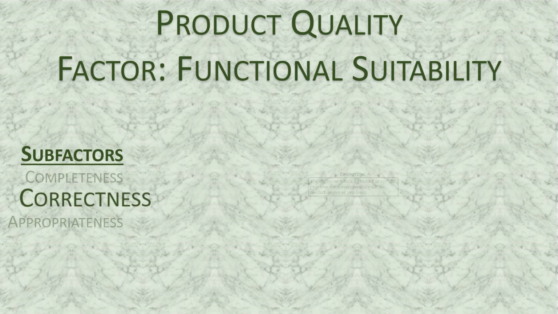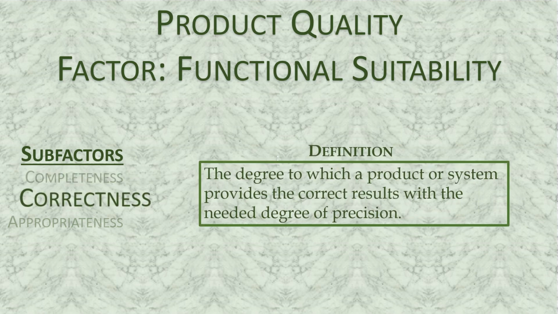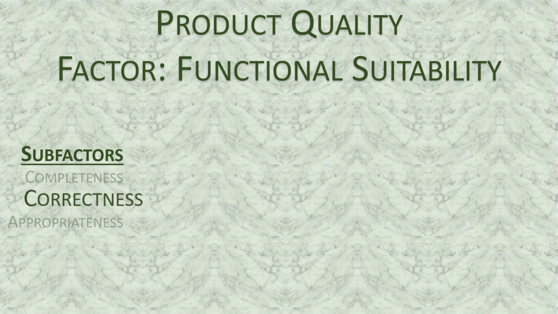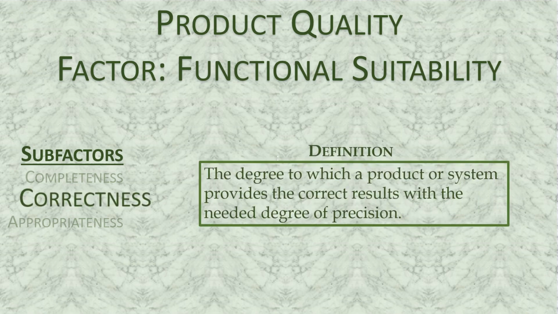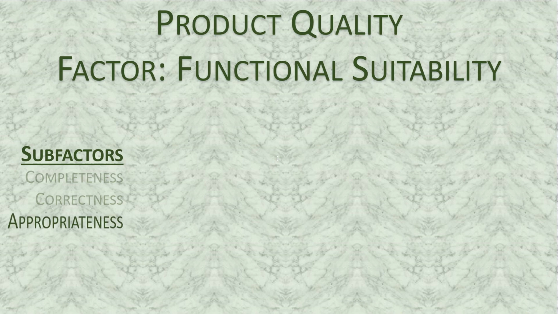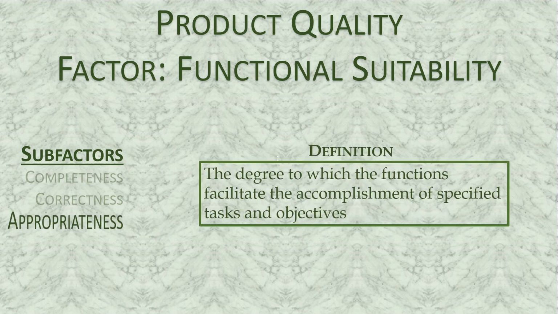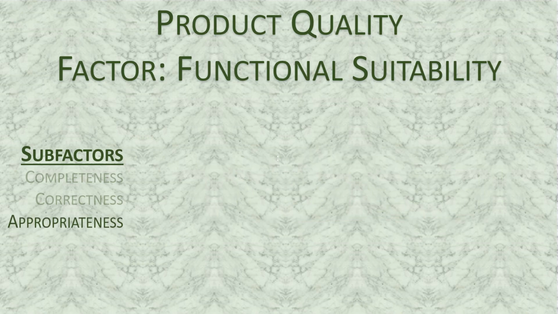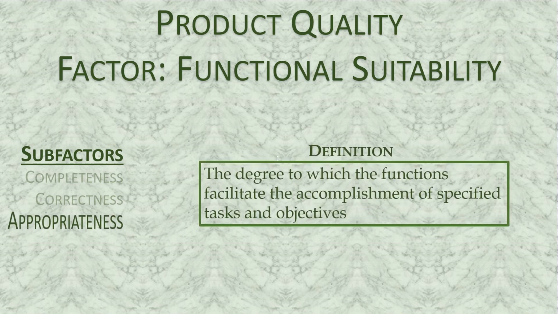Correctness is defined to be the degree to which a product or system provides the correct results with the needed degree of precision. Finally, appropriateness is defined to be the degree to which the functions facilitate the accomplishment of a specified task or an objective.